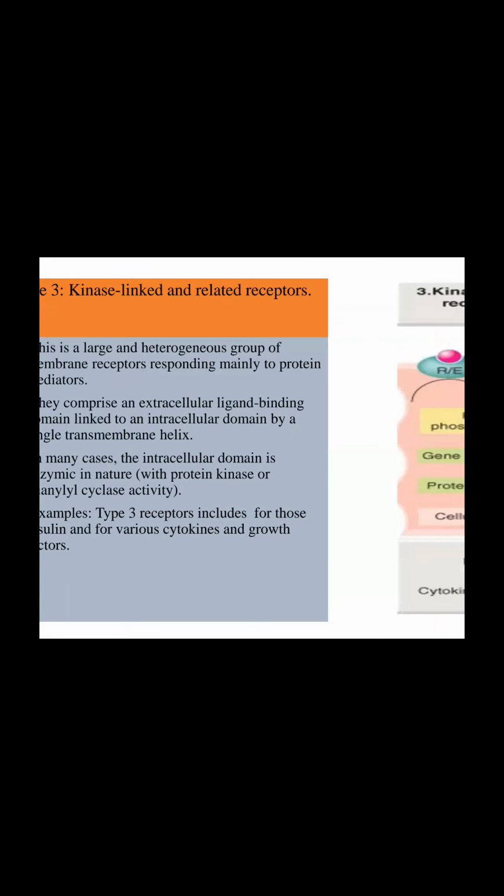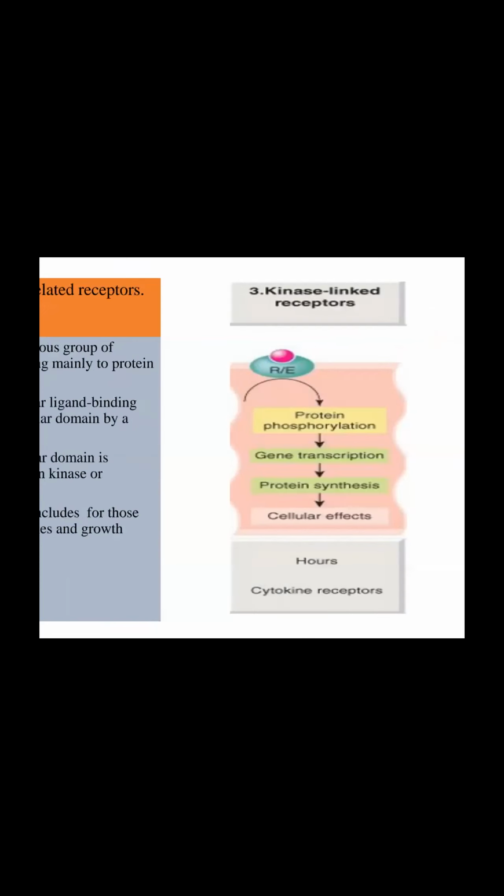The drug would be coming from the blood, that is extracellular. It will connect to the receptor and go into the cell, that is intracellular. There it will lead to transcription of genes and protein synthesis will happen. The drug will make some metabolites, some other complexes, and then the cellular effect will come.